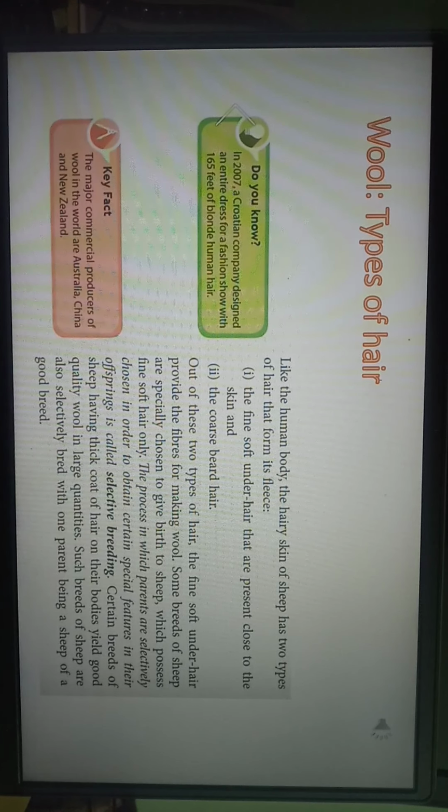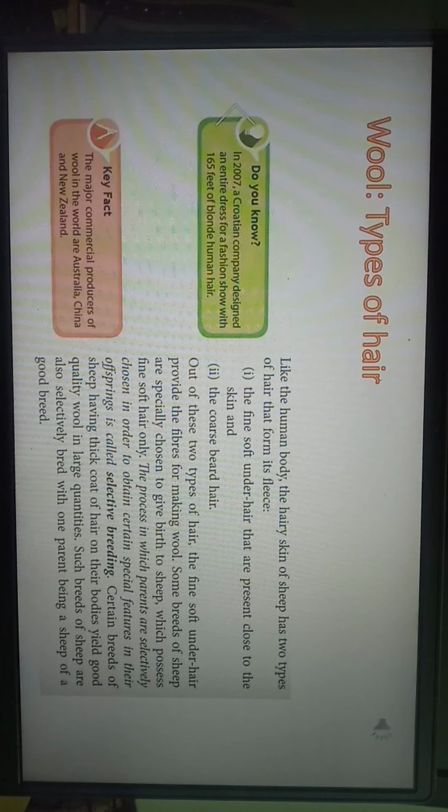Their thick coating of hair is the best, both quality wise as well as quantity wise. Those breeds are selected and then bred, with one parent being a sheep of a good breed.